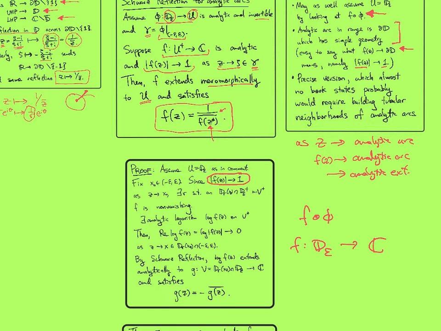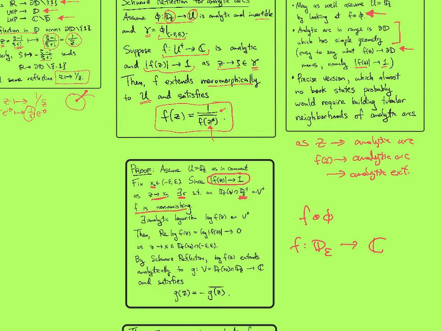And basically the idea is you play with logarithms to get this to work out. So we fix a point on the line, and since the modulus of f tends to 1 as z approaches that point, there will exist a radius around there intersected with the upper portion of the disk where f is non-vanishing.